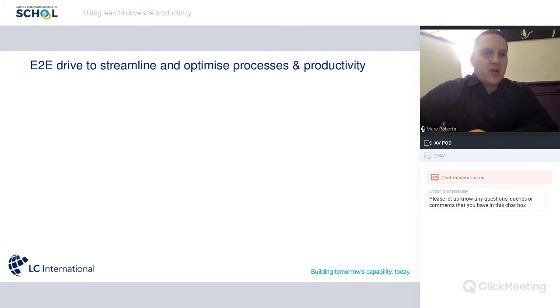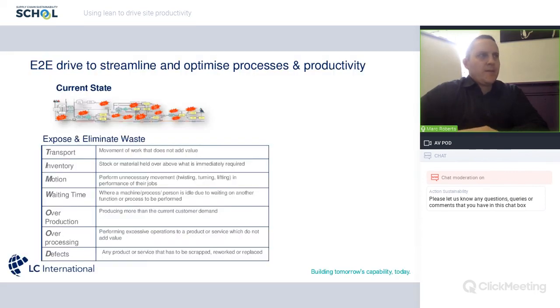Right, another key aspect when we're looking at our processes is having this end-to-end view. And this is where we can apply things like value stream mapping. So let's take a steel process.